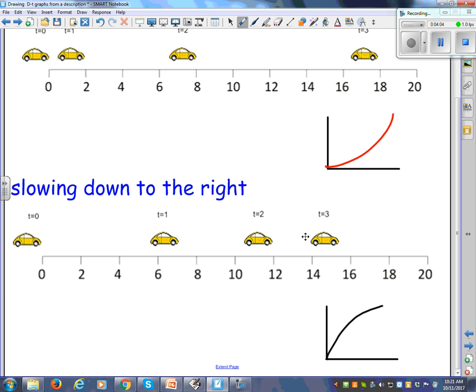And if it was completely stopped, like say it remained at, what position is it at here, would you say? 14. We'll say 15 to find the car. Okay. If it stayed there for 4 seconds, what would the graph look like? Straight across, flat, right? If it were there for 4, 5, 6, 7, and so on, it would stay flat like that, right? Okay, that's good. Making progress.